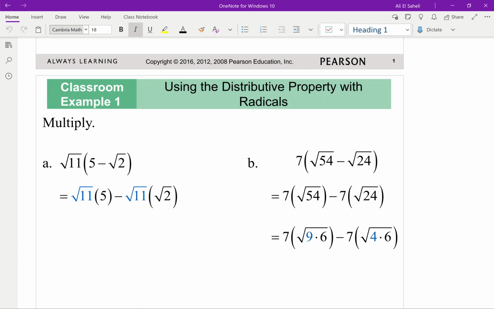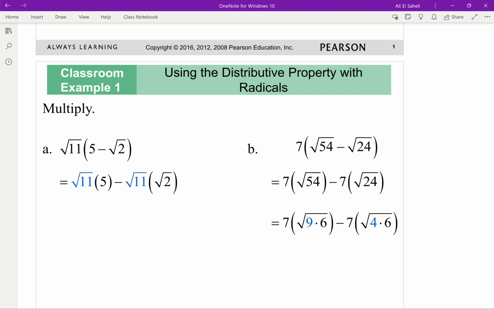Let's start with A. As we did before, when we multiply a binomial by a term, we multiply this by this, and radical 11 by radical 2.